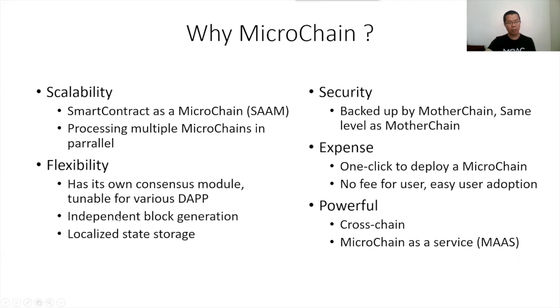It will generate blocks independently, maybe every 10 seconds, 20 seconds, or even 1 minute. It's up to what your application is. And each microchain has localized state storage. You can store the state in your microchain specifically for your application purpose.